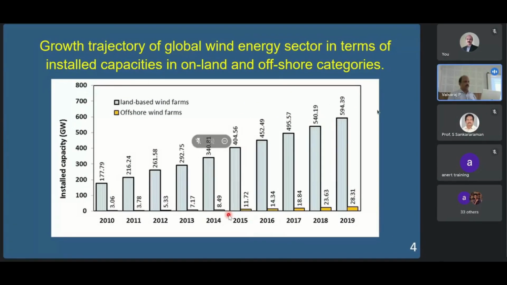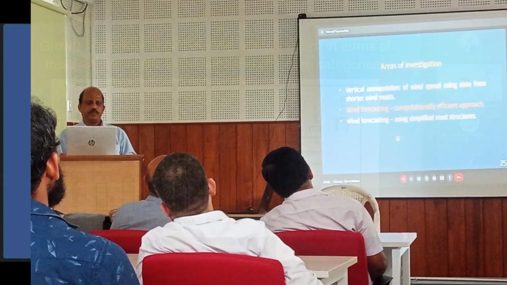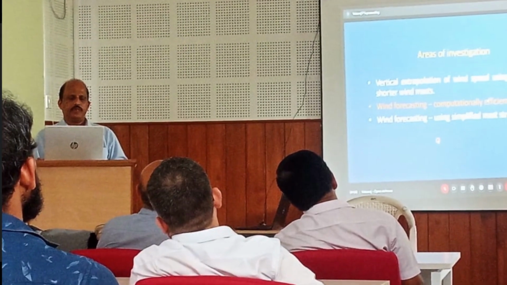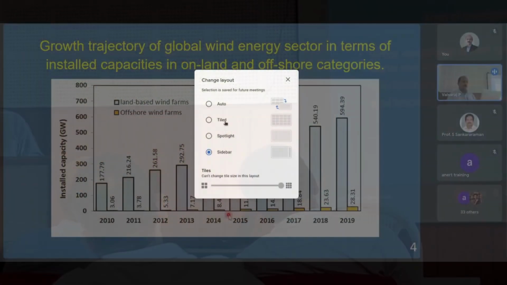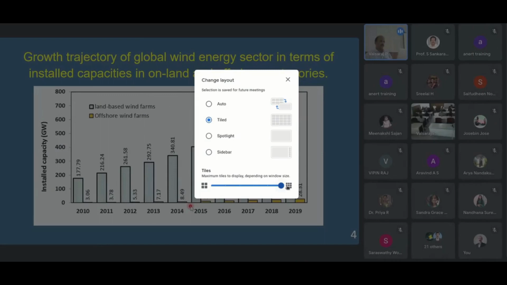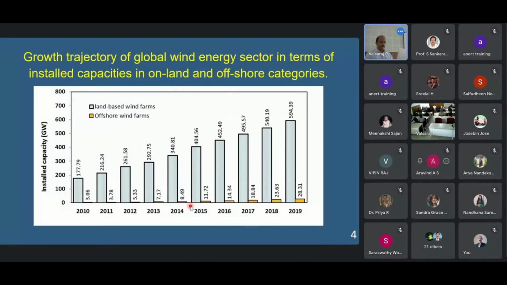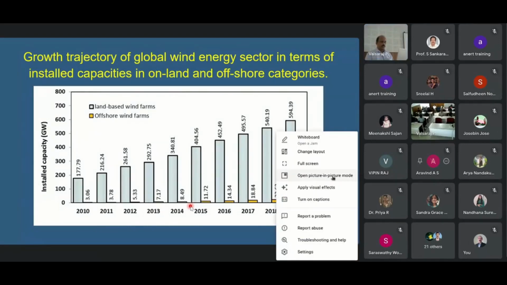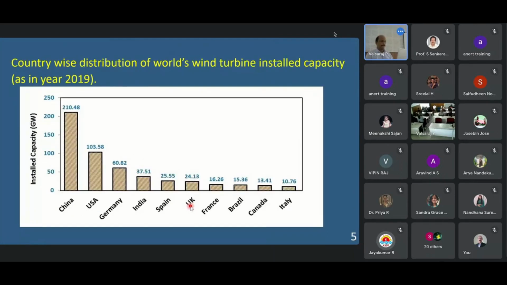Now the growth trajectory of installed wind electricity generation is, by 2019, onshore based around 594 gigawatts and offshore around 28.31 gigawatts. So it's a high rate growth happening in the field of wind energy development.